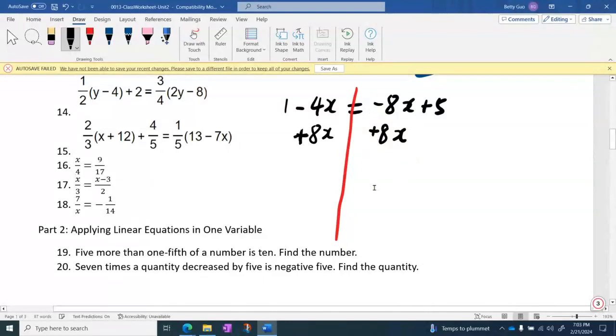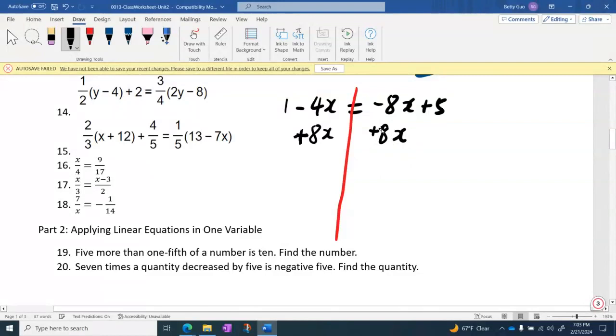We use the addition property: add 8x to negative 8x, then it will disappear.